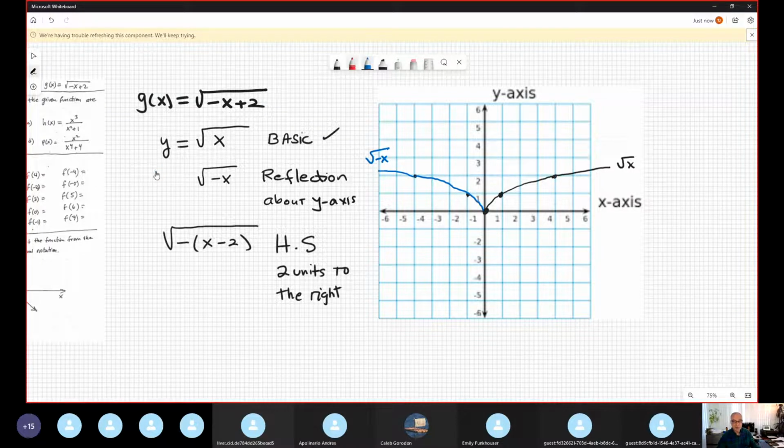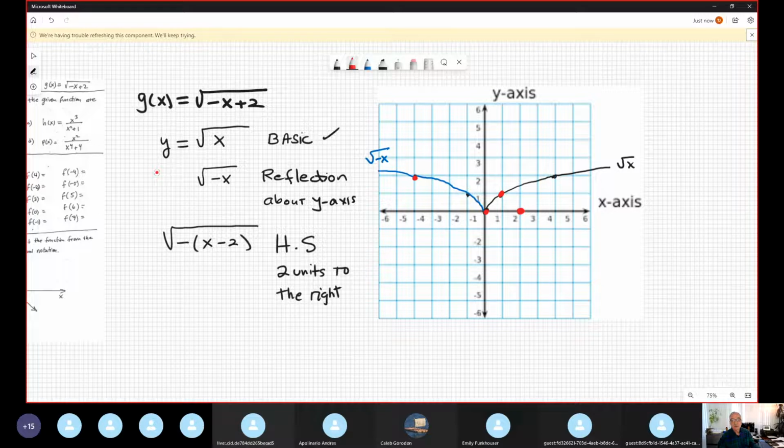For example, let me use red color, I like it so much. That point 0, 0 now becomes 2, right? Because you're moving 2 units to the right. That means that any point, for example, this is -1, plus 2 is positive 1. And this is -4, plus 2 is -2.